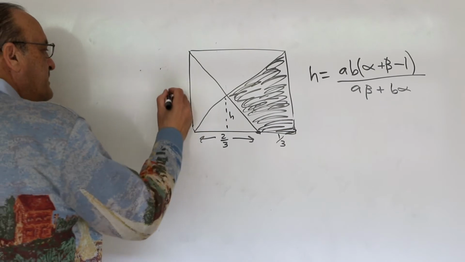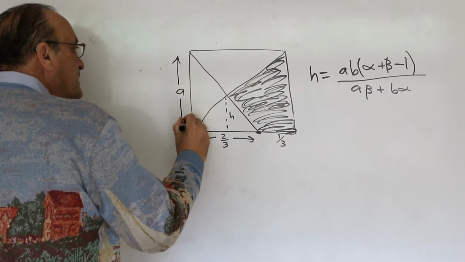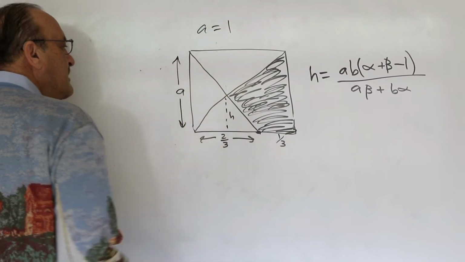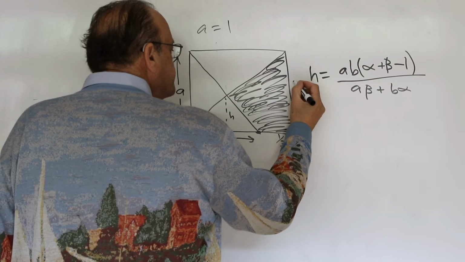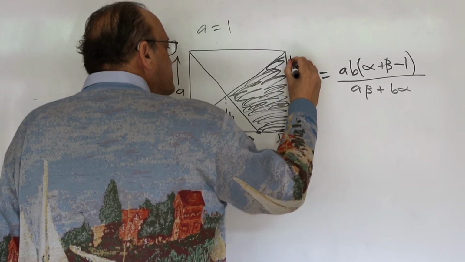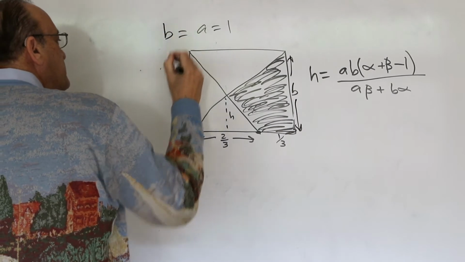So a will be equal to 1, because this is the unit square. And this is b. So b is equal to a. They're both equal to 1.